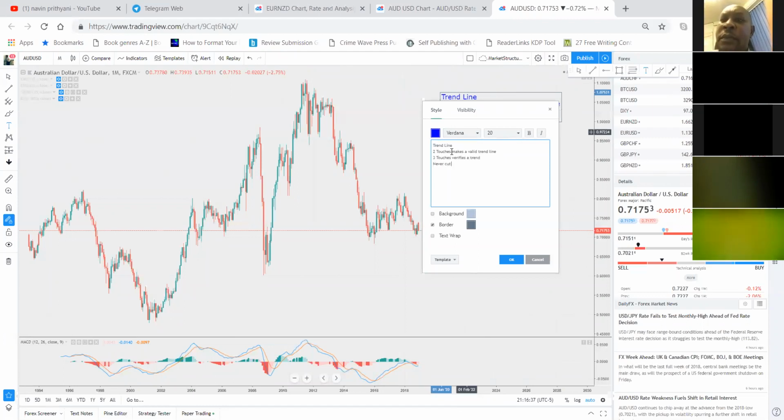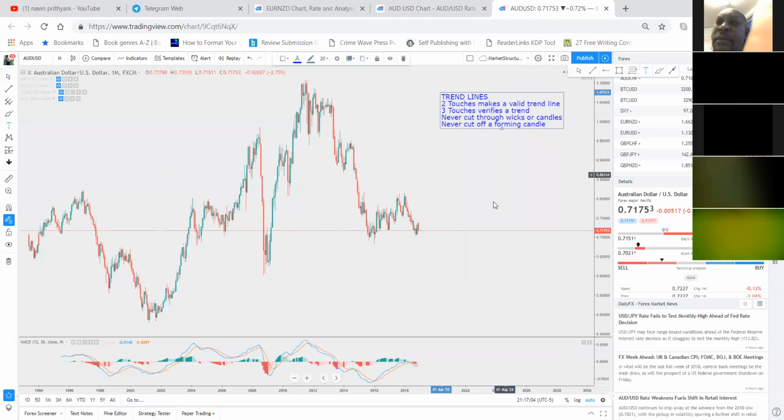Never cut through wicks or candles. Never cut off a forming candle. Okay, those are the most important rules for trend lines. So if you want to write those down, you can write those down.